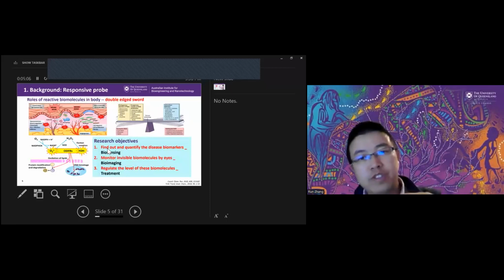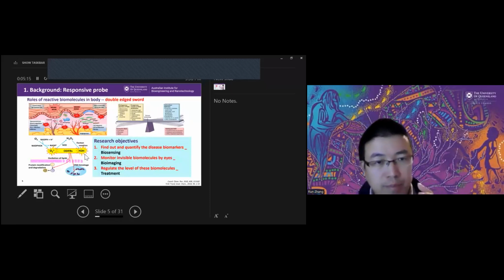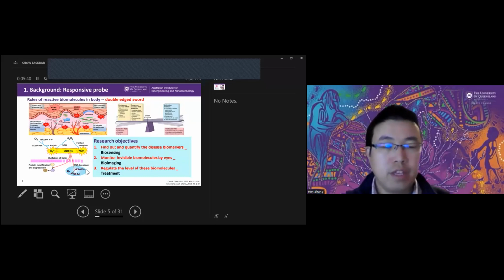But if all the bacteria have been cleared from the body and high levels of these reactive species remain, they can react with other biomolecules, for example the cell membrane, proteins, and DNA, to cause structural damage to those molecules and cause disease, most commonly inflammation.